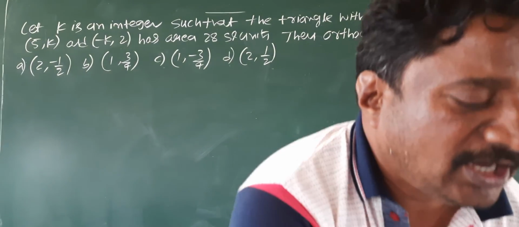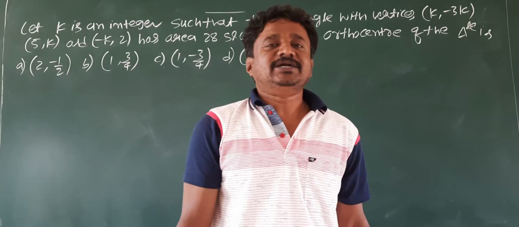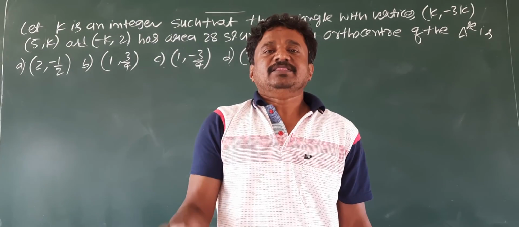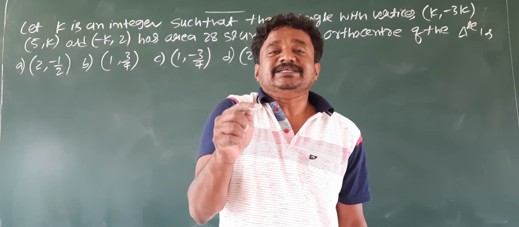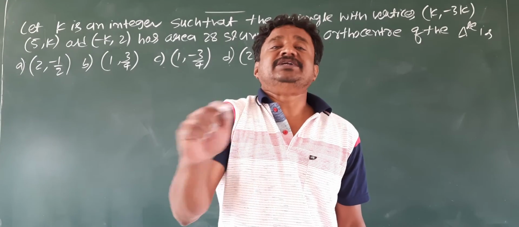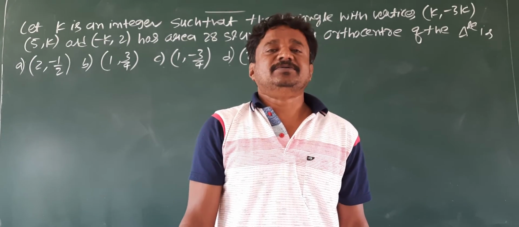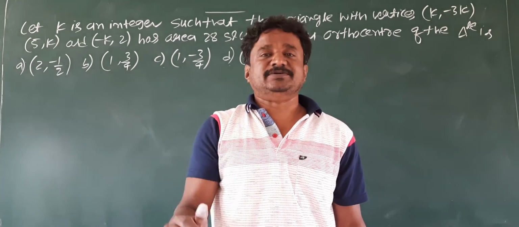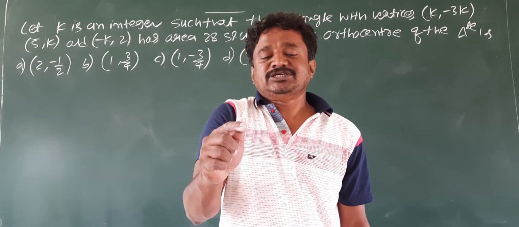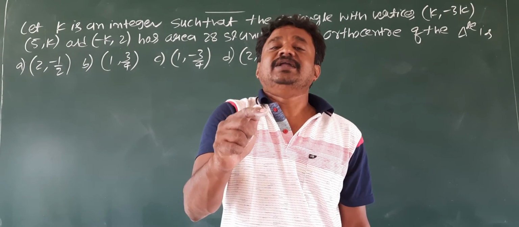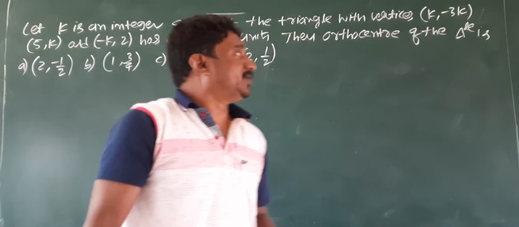Orthocenter of a triangle means the point of intersection of heights, means altitudes. The point of intersection of heights is called the orthocenter. Let us go for that.